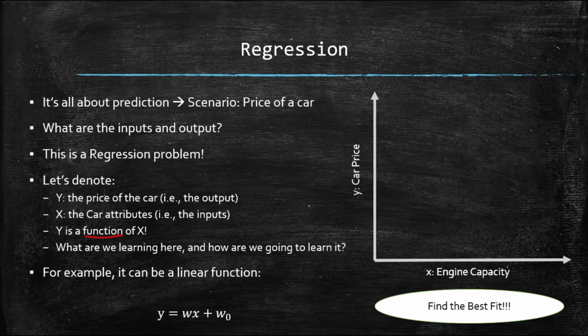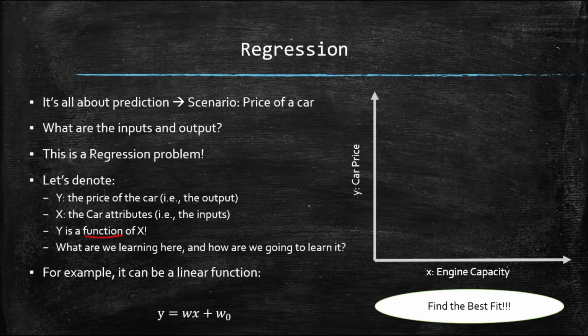Let's simplify the example where we have one input, which is the engine capacity, on the horizontal axis in this graph, and let's say that Y is the car price, which is our vertical axis. Now imagine that we have loads of examples, like we talked to several companies and we gathered this data.